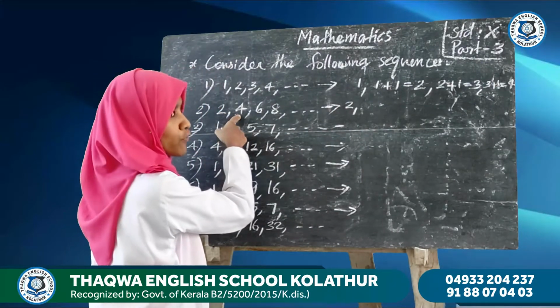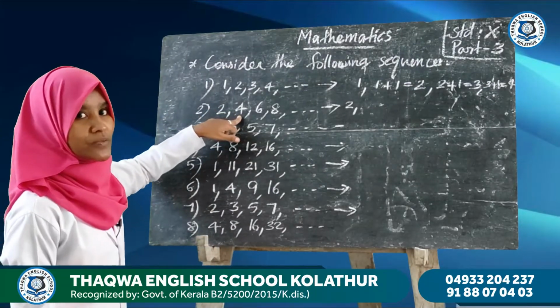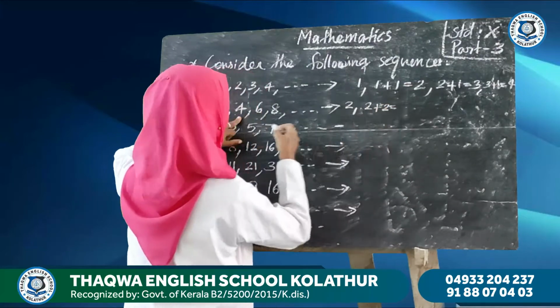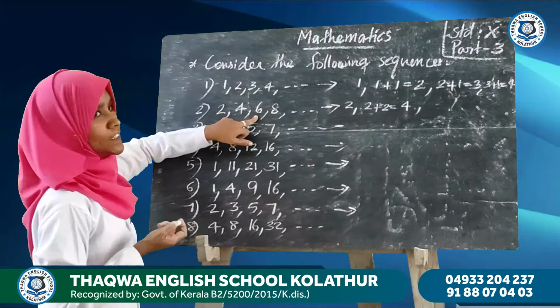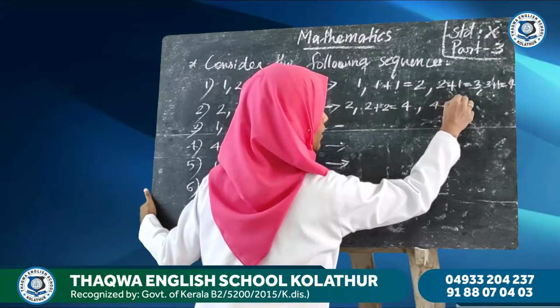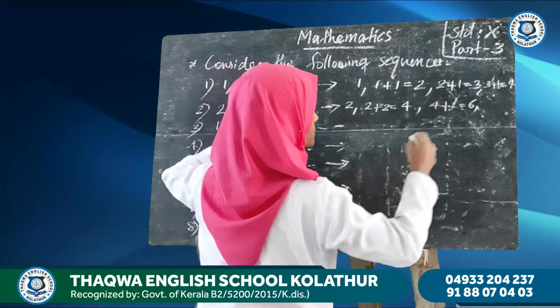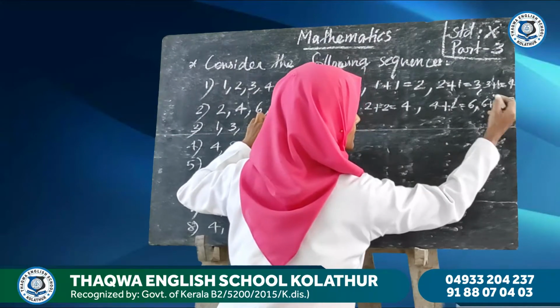Second term 4. How do you get the second term 4? Yes, by adding 2. That is 2 plus 2, 4. Then third term 6. We can write 4 plus 2, 6. Next 8: 6 plus 2, 8.